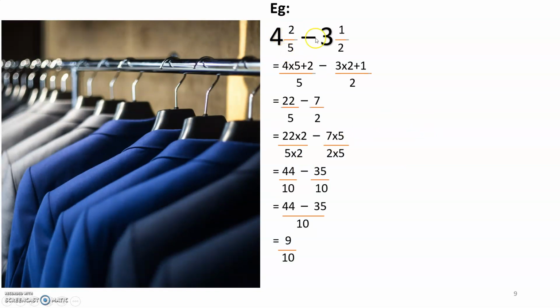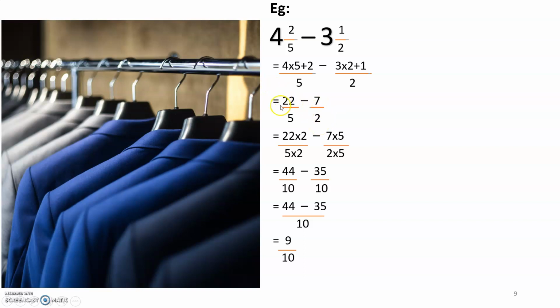4 2 upon 5 minus 3 1 upon 2. So 4 into 5 plus 2 upon 5 minus 3 into 2 plus 1 upon 2. So 4 fives are 20. 20 plus 2 is 22. 22 upon 5 minus 3 into 2 plus 1. 3 twos are 6. 6 plus 1 is 7. 7 upon 2.